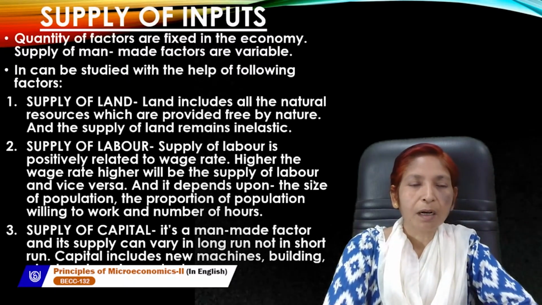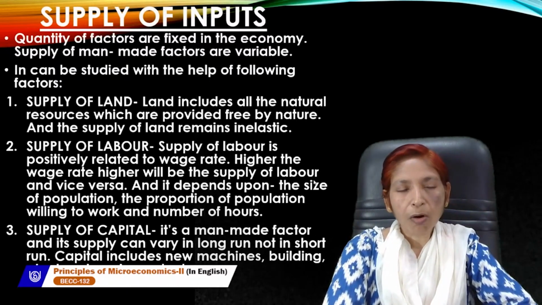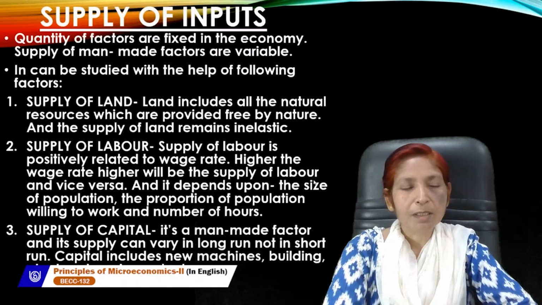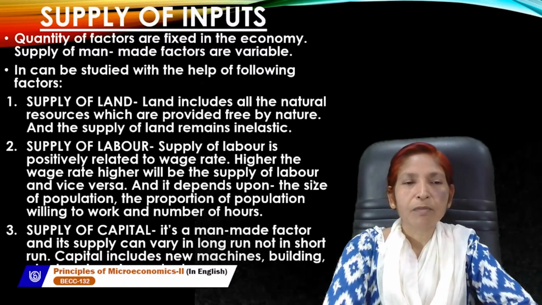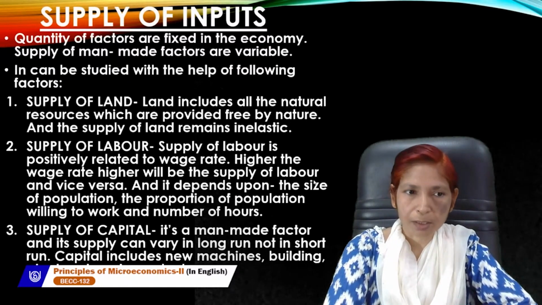Same as other factors like labor, capital, and entrepreneur, their supply is not perfectly elastic, which can change according to our need or requirement. All the factors of production have supply that remains fixed or constant or less elastic.